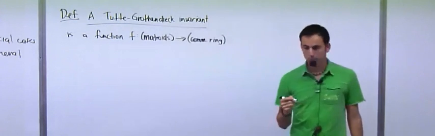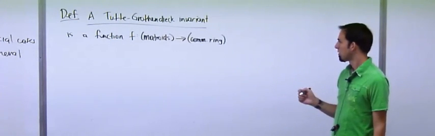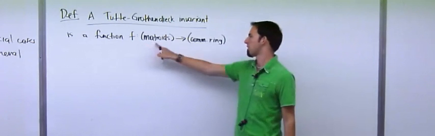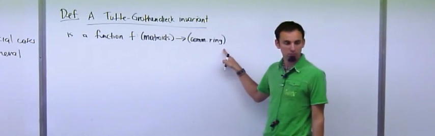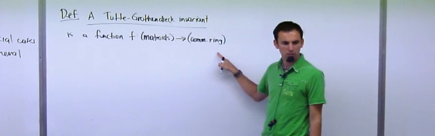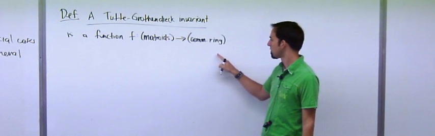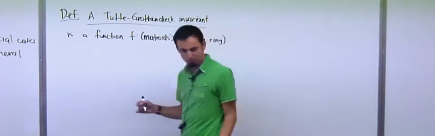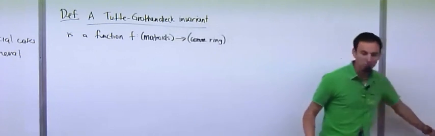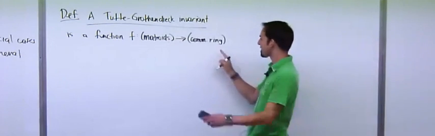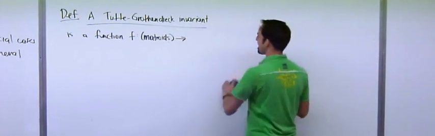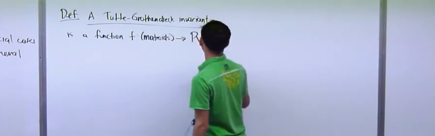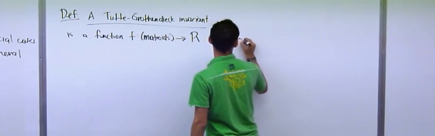It assigns an element of the ring, not a ring. So it's a function from the class of matroids to a fixed commutative ring. Maybe I should just say R, where R is a commutative ring.